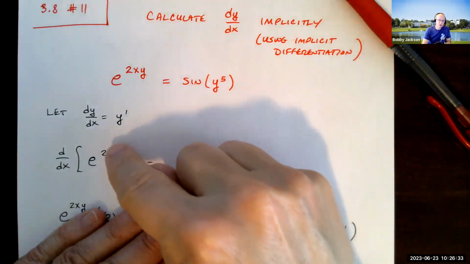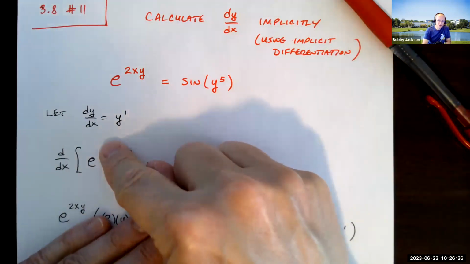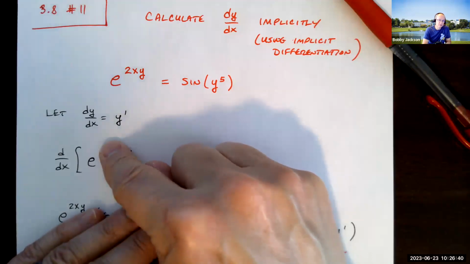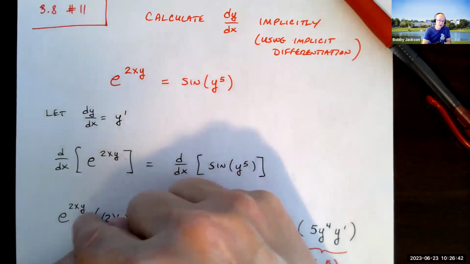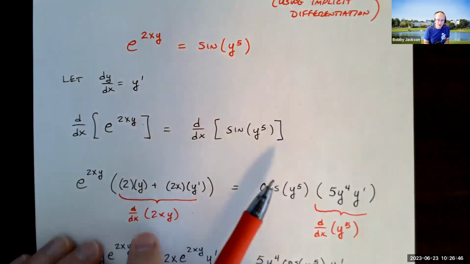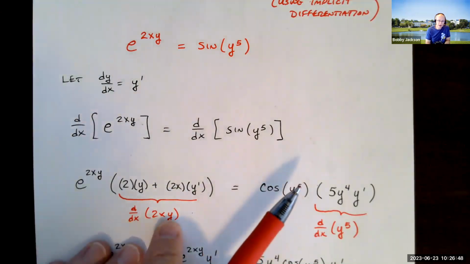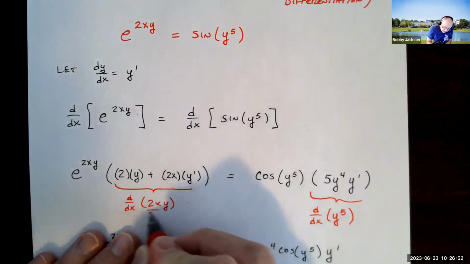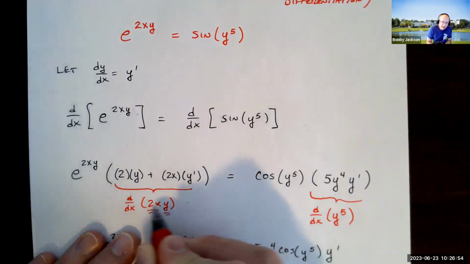So remember how the chain rule works. It's the derivative of the outer function. What's the derivative of e to the u? Just e to the u, where u is 2xy. So I get e to the 2xy times the derivative of the inner function. So the derivative with respect to x of 2xy, what do I have to use there? Remember, y is a function of x. So I have 2x times y. That's a product rule, right?